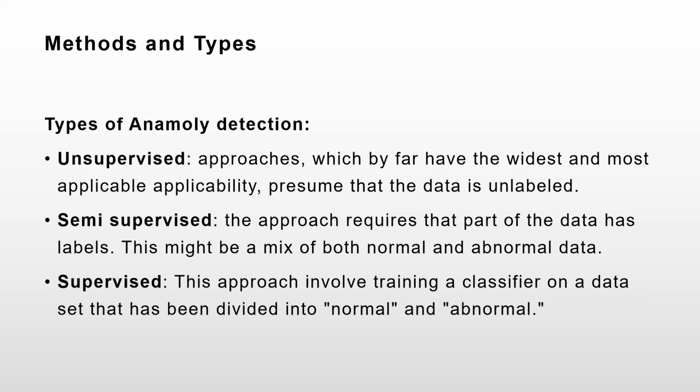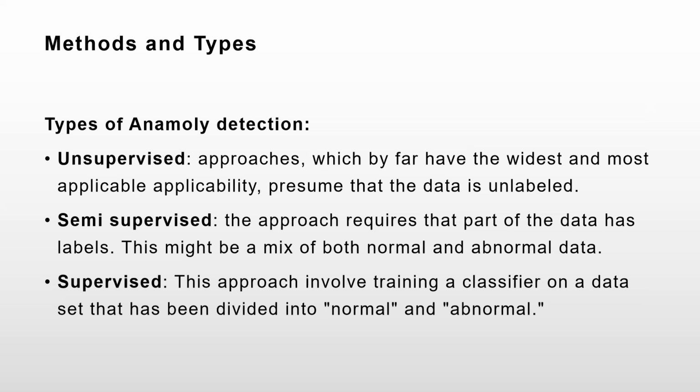And coming to semi-supervised methods, in many applications, although obtaining some labeled examples is feasible, the number of such labeled examples is often small. That means we have a data set where some data is labeled and some is not labeled. In such cases, a semi-supervised approach will be taken.